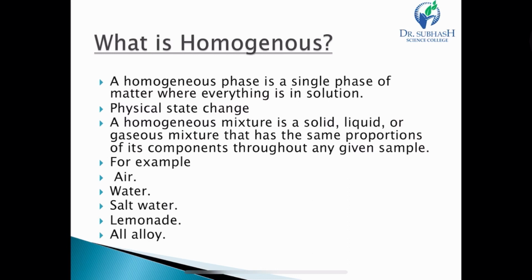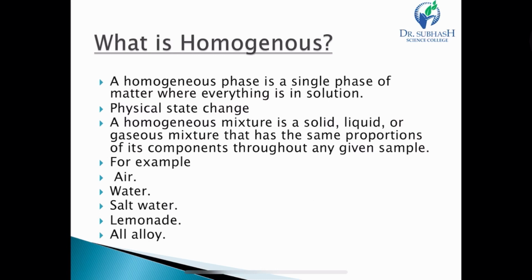A homogeneous phase is a single phase of matter where everything is a solution. Physical state change, okay? A homogeneous mixture is a solid, liquid or gaseous mixture that has the same proportion of its components throughout any given sample. Right?